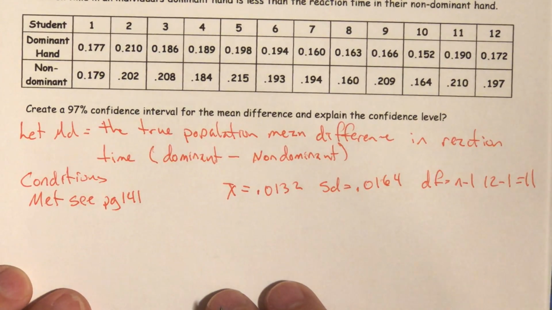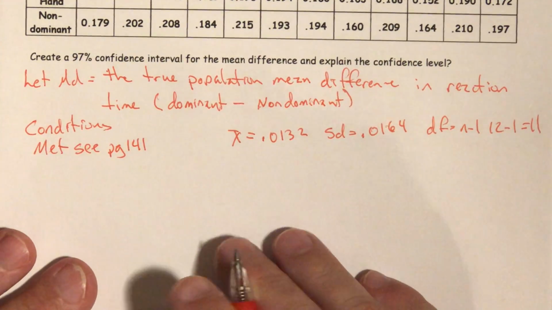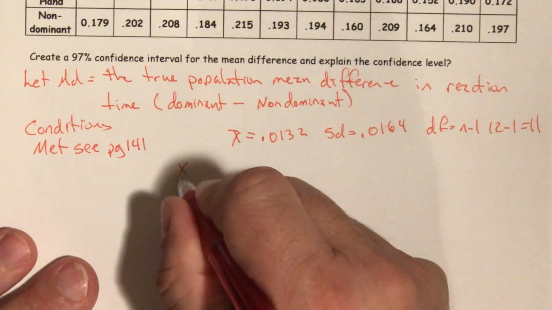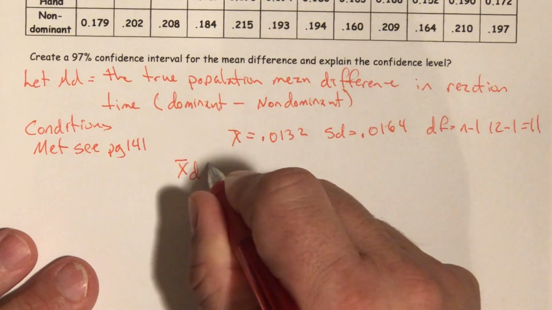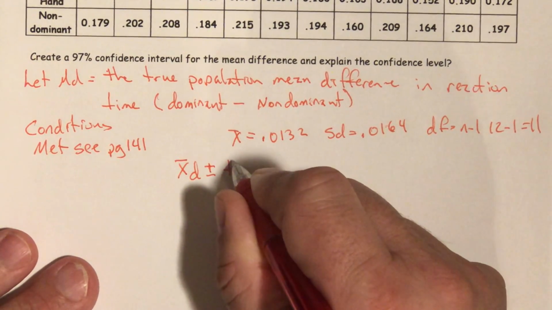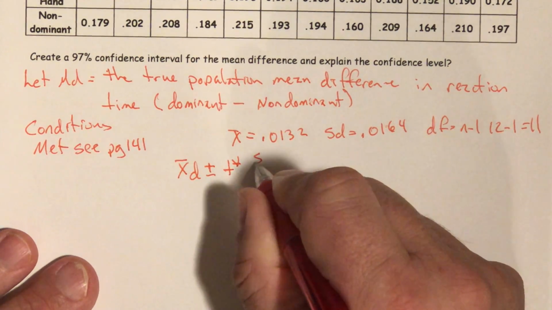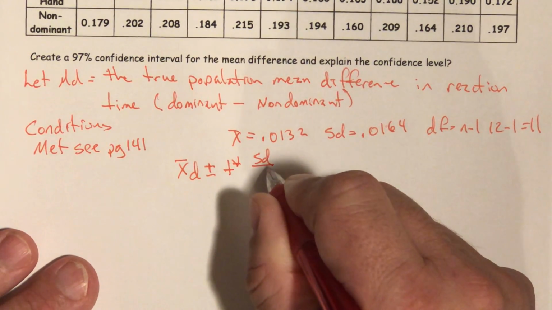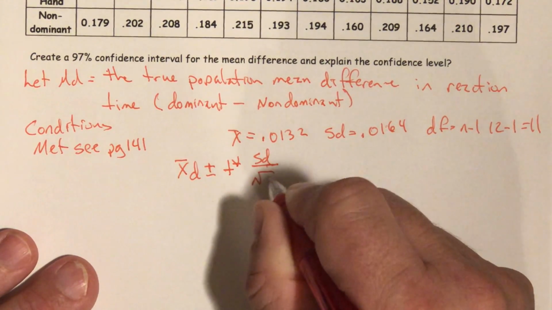All right, the confidence interval. It follows the formula x bar d plus or minus t star times the standard deviation of the difference divided by the square root of n.